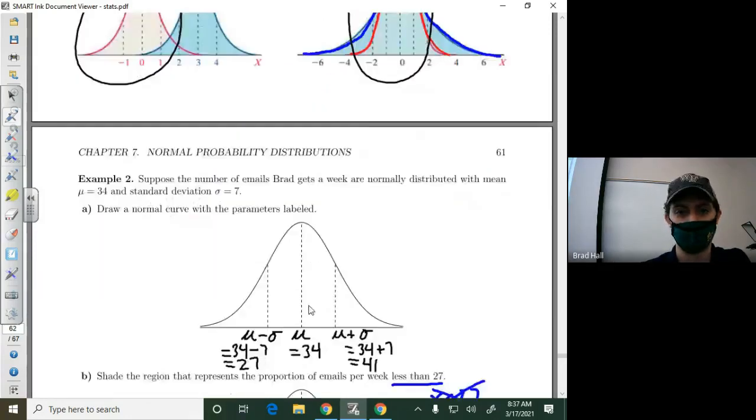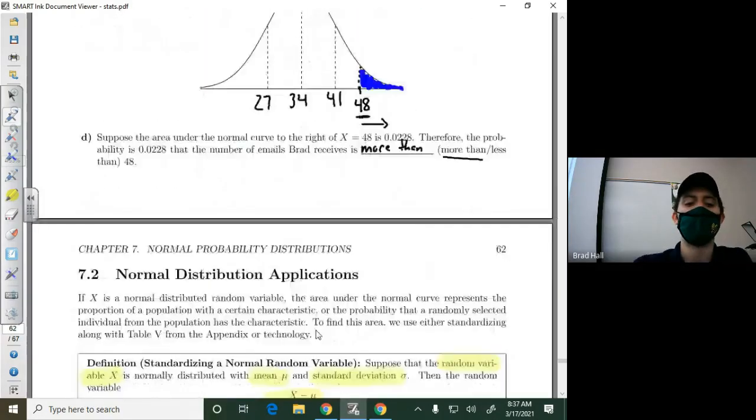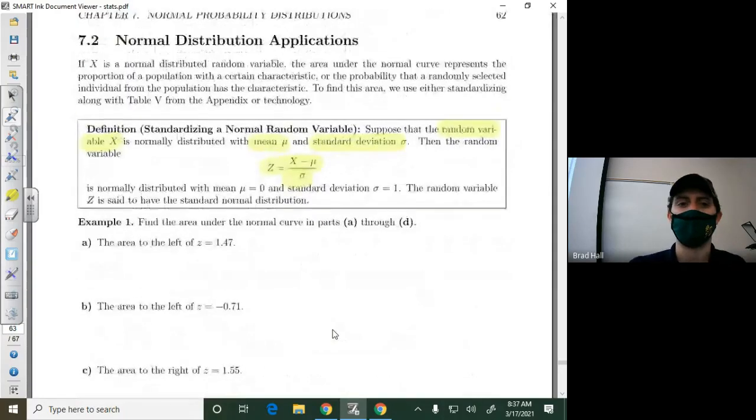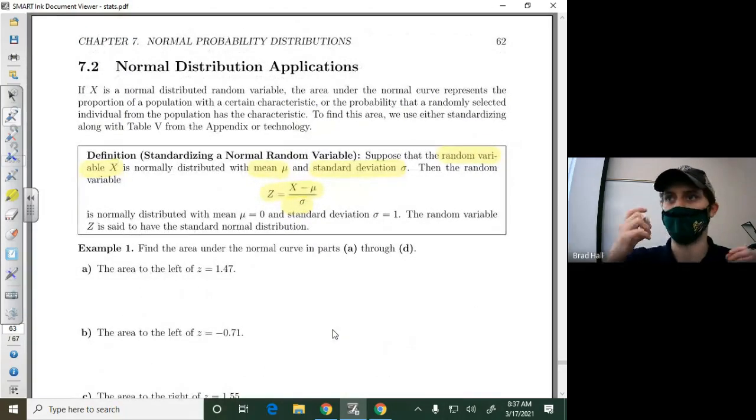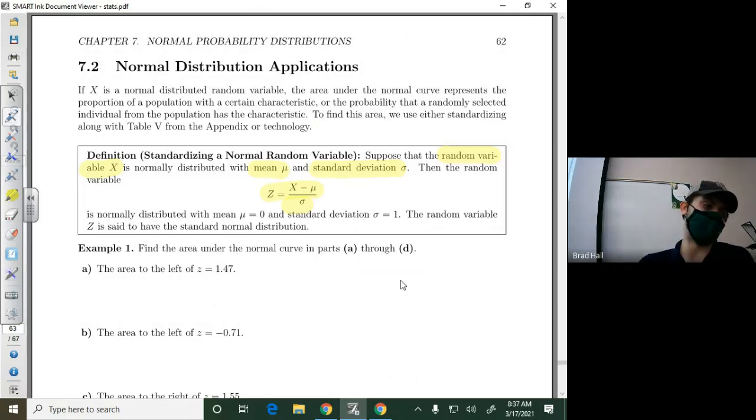This is very important because once we standardize a collection of data, we can use either that table in the back of the book or technology to figure out the area under the curve for a particular region. This is incredibly helpful. But we're going to start off with examples where we already have this standardized for us.